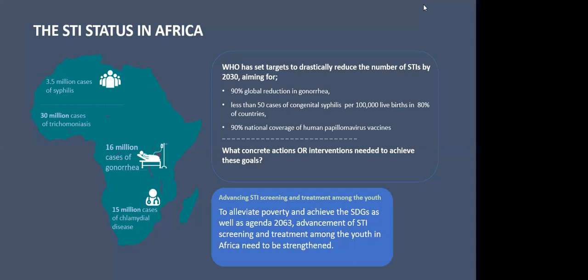But my concern is, looking at the village setup, access to some of these accessories is very difficult, especially among the youth, because walking into the health centers to pick them up is very challenging. And looking at the stereotyping and the stigma in it, how do you think this can be addressed?